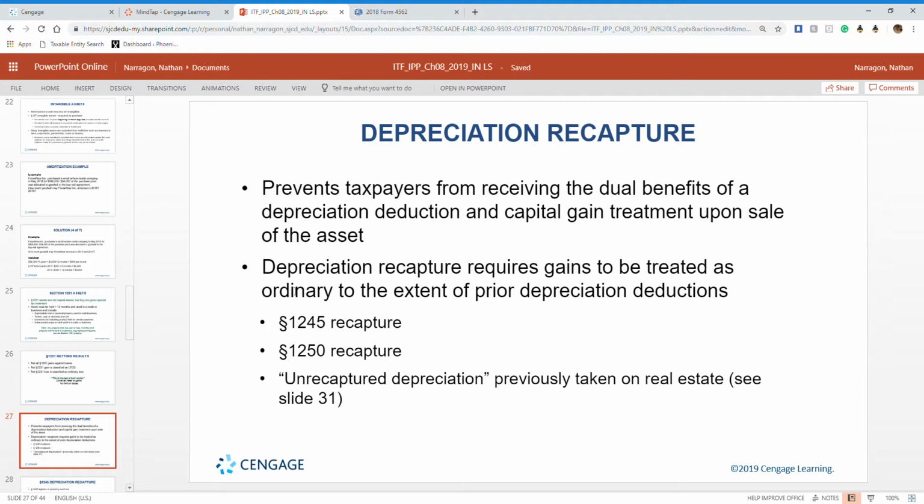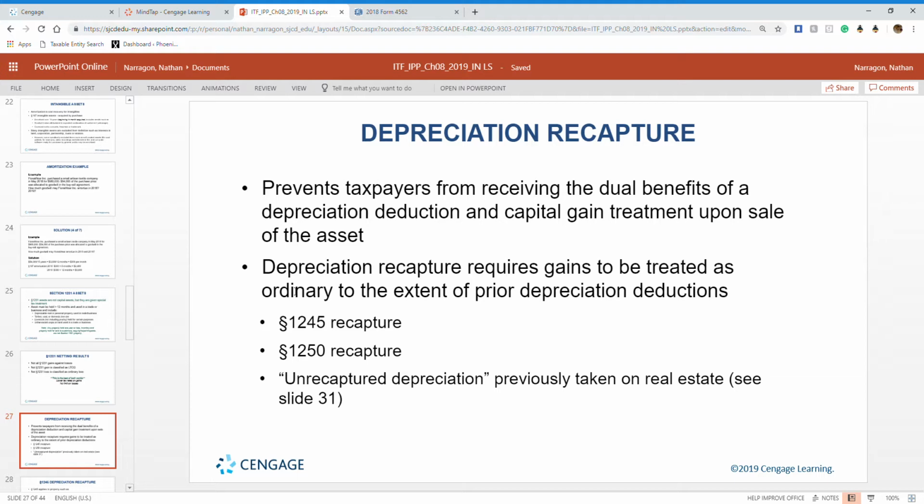Again, you just can't depreciate it all in year one and then sell it in year two and try to have both benefits. Doesn't work. Depreciation recapture requires gains to be treated as ordinary income to the extent of prior depreciation deductions, and the rest is treated as a gain.